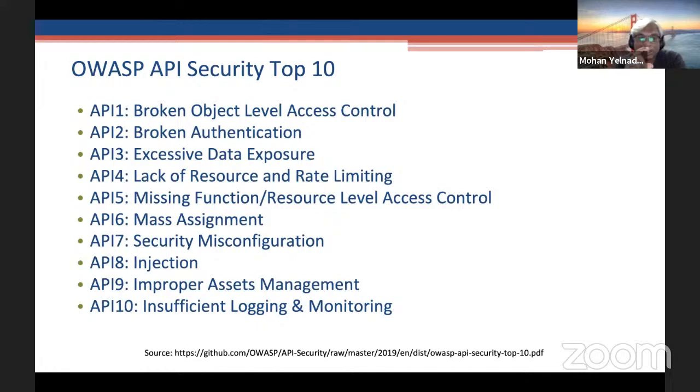These are the ones that a dedicated API security tool usually targets to prevent attacks. For the last four, the WAF is partially configured and the API management gateway is again partially configured to take care of it. But API 1 to 6 have to be taken care of by a dedicated niche API security tool. I don't want to give more details on this because this itself would be a 1 or 2 hour session, the OWASP API Security Top 10.